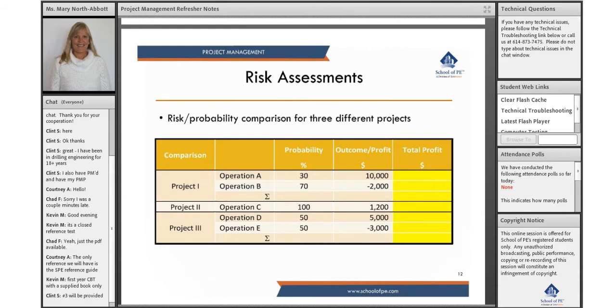Operation B has a 70% chance of happening, but the outcome is a loss of $2,000. For Project 2, we know 100% this operation is going to be good, and it will come out as a $1,200 profit, or 1.2 million, whatever it happens to be. And Project 3 is a 50-50 chance of having to do Operation D or Operation E, with outcomes of 5,000 or negative 3,000.